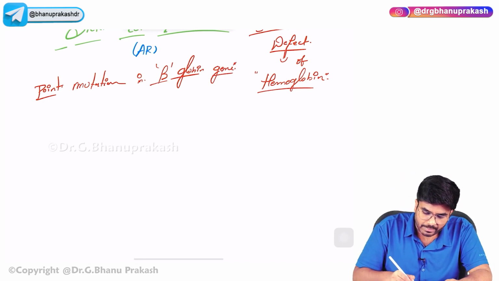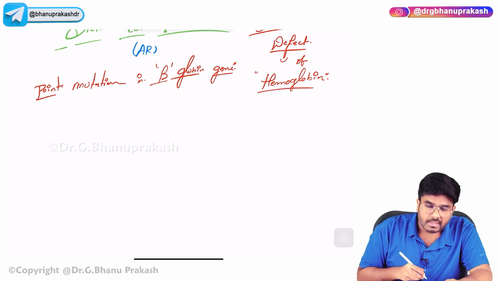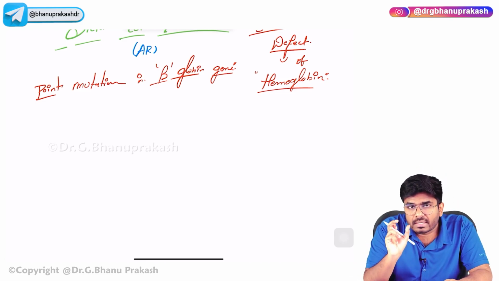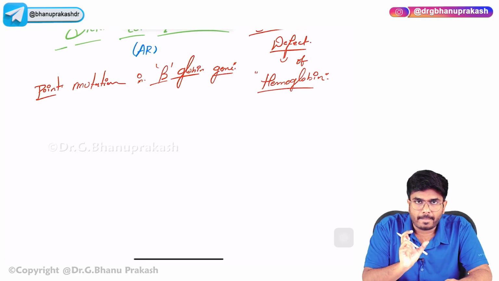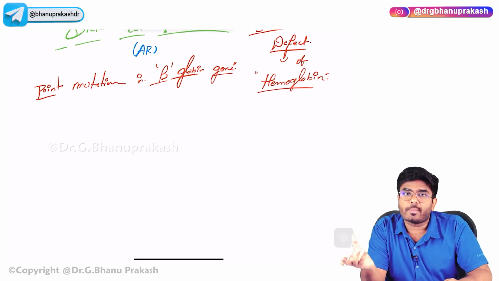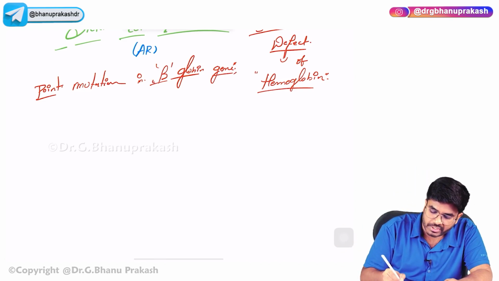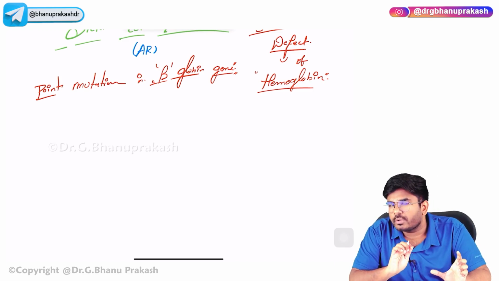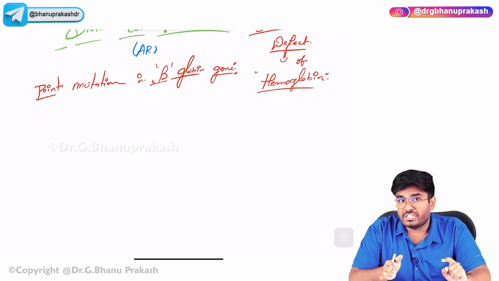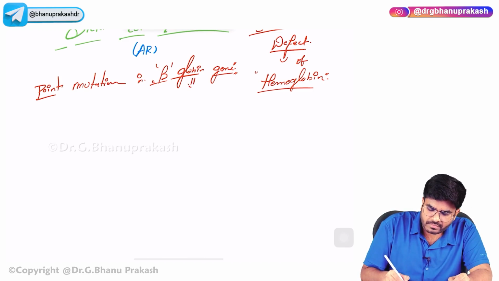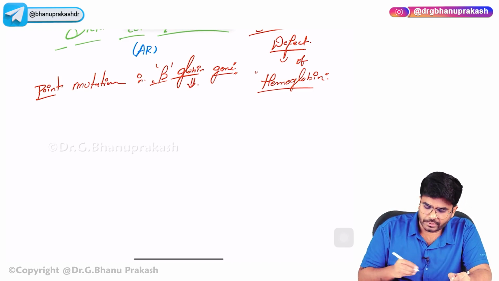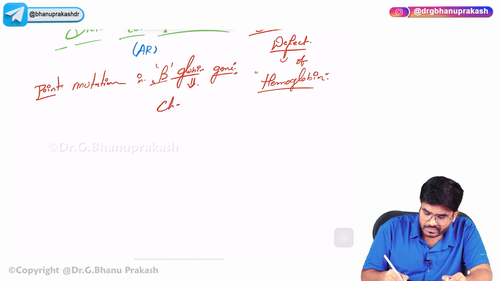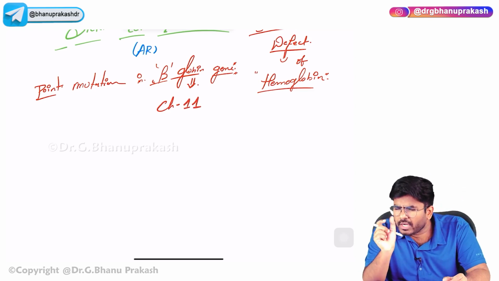So what exactly is happening is that one type of amino acid is replaced with another type of amino acid because of this point mutation in the beta globin gene. Just for completion, the beta globin gene is present on chromosome number 11.